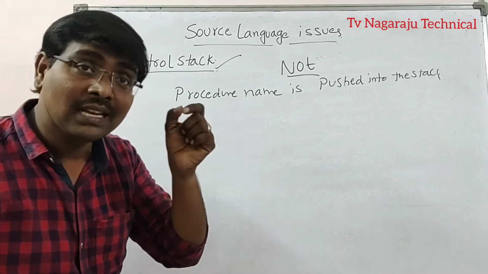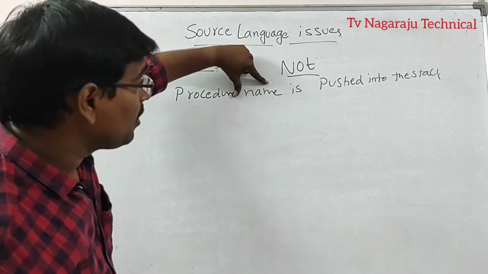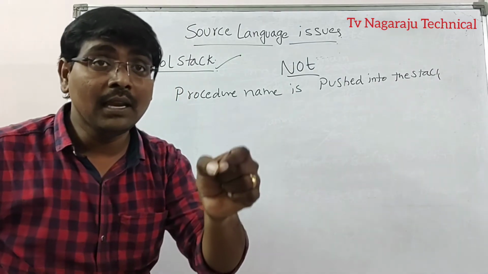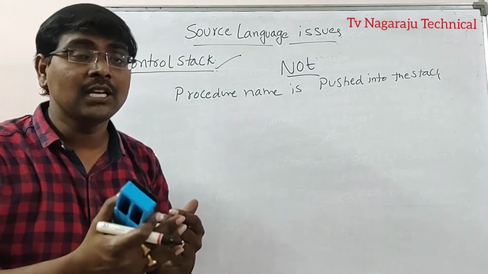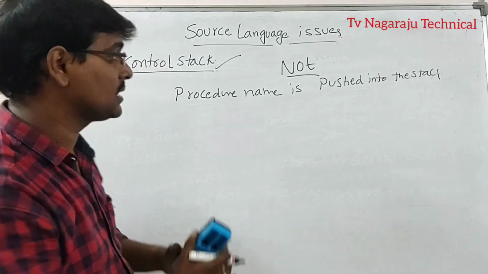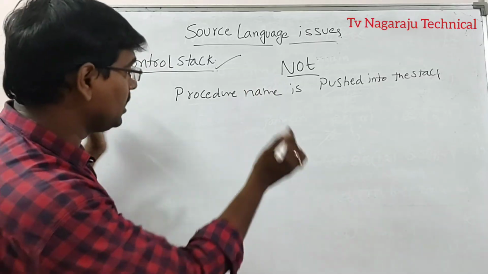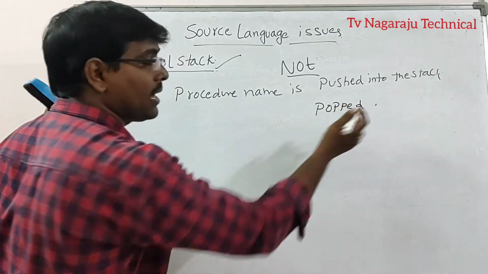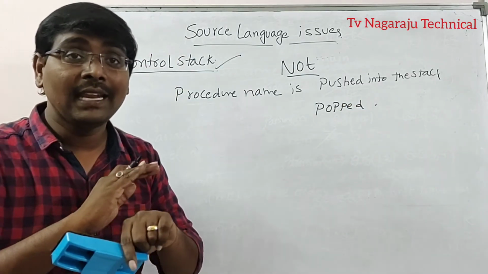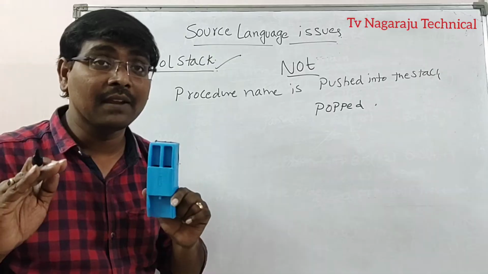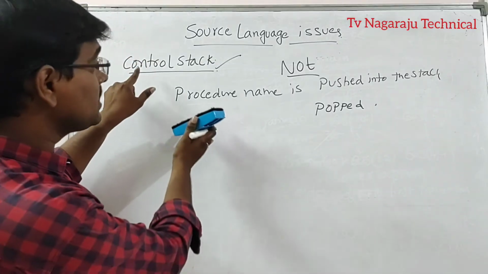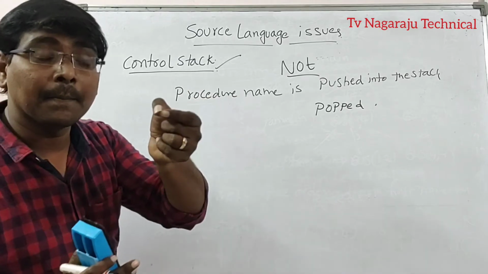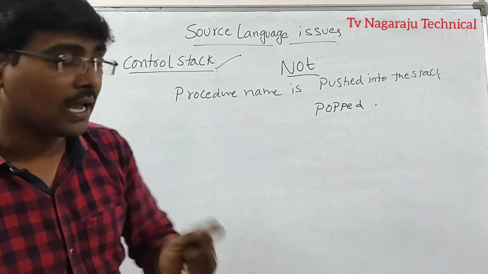Whenever a procedure is called, the name of the procedure is pushed into the stack, meaning the activation of the procedure begins. After completion, the procedure is popped from the stack. That means the activation ends. This is the purpose of the control stack.